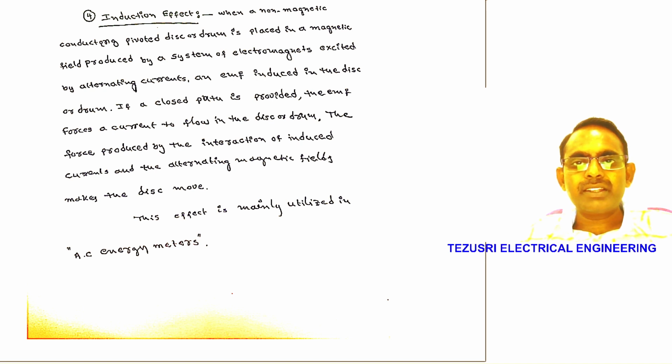If a closed path is provided, the EMF forces a current to flow in the disc or drum. The force produced by the interaction of these induced currents and the alternating magnetic fields makes the disc move. This effect is mainly utilized in AC energy meters. We will discuss it in energy meters later.